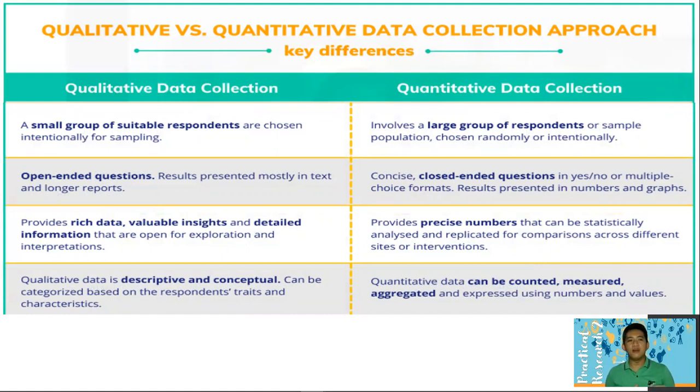Next, qualitative research provides rich data, valuable insights, and detailed information that are open for exploration and interpretation. While quantitative data provides precise numbers that can be statistically analyzed and replicated for comparisons across different sites or interventions.